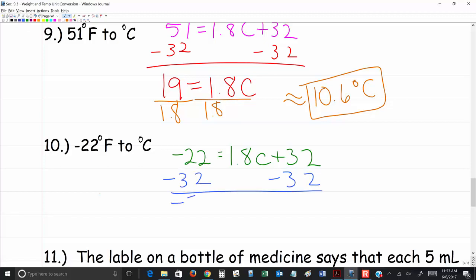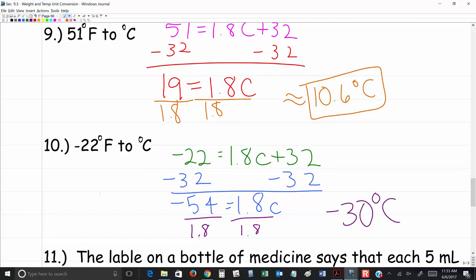So that's negative 54 equals 1.8 C. And then divide both sides by 1.8. That gives you negative 30 degrees Celsius.